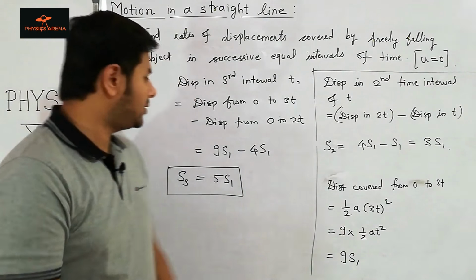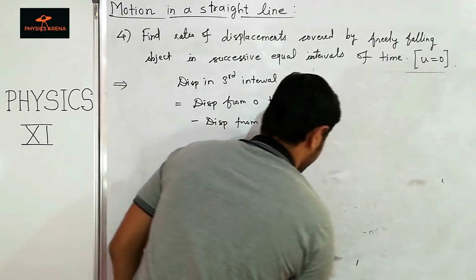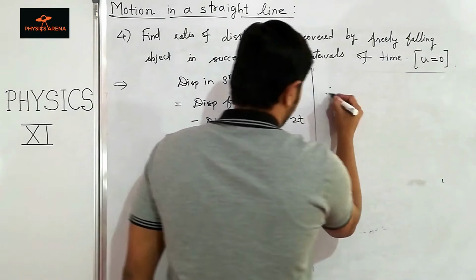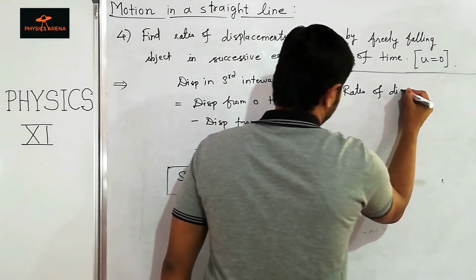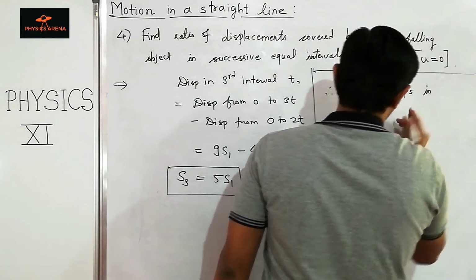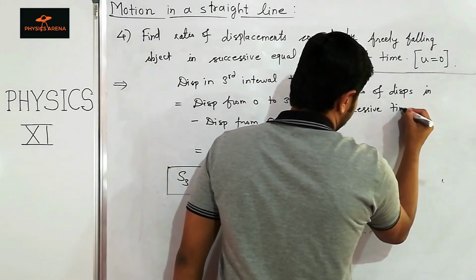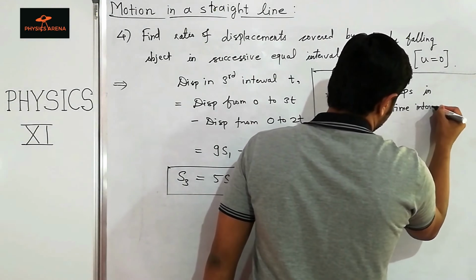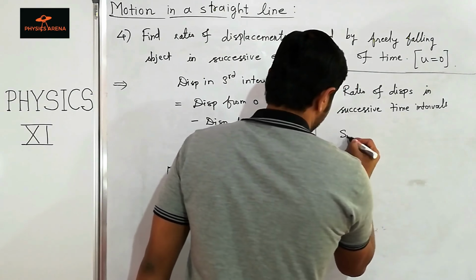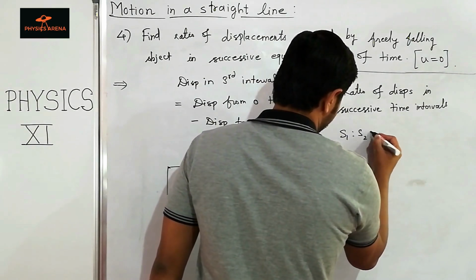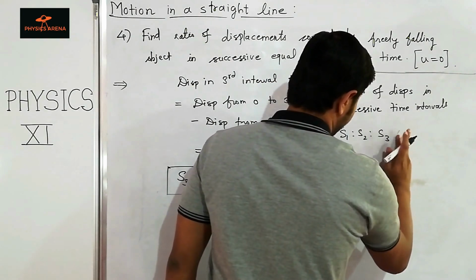So the ratio of displacements in successive time intervals is going to be s1 is to s2 is to s3 and so on.